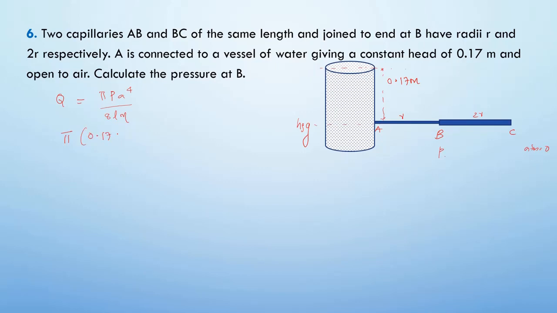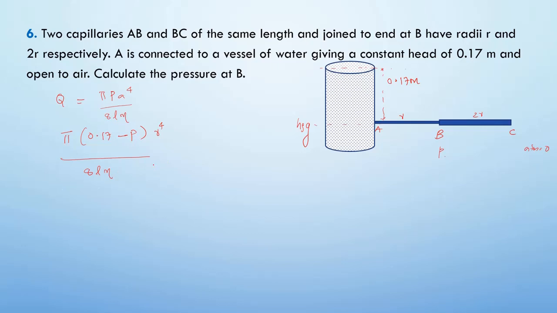For AB we have π into (0.17, because it is maintained at a constant head of 0.17 meter, minus P, the pressure) into r⁴, divided by 8Lη.